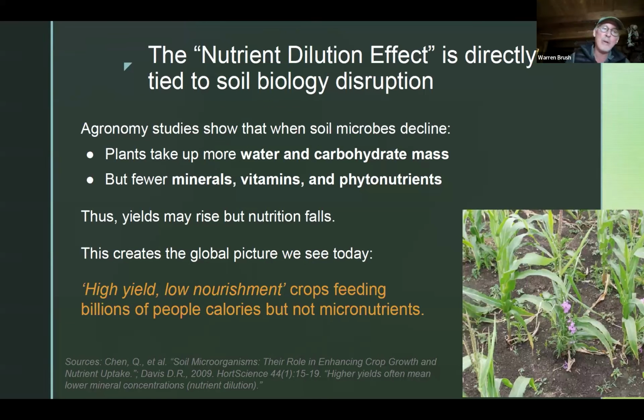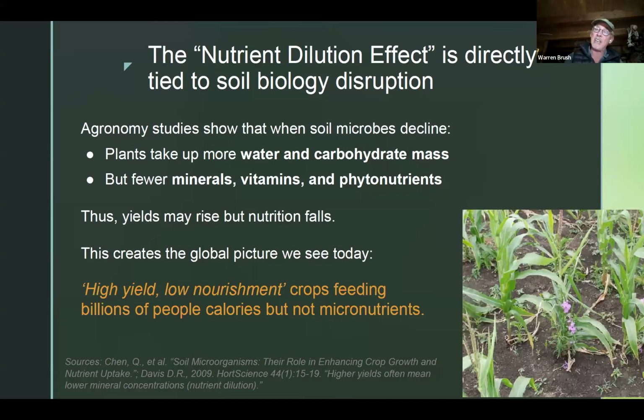I know those high yield pictures you show your donors are the ones you want to show, that field of maize really producing. But what we really need to do is look into how well established is that plant with its micronutrients, because that's going to feed somebody and help them to be more disease free and to be healthier in their development.